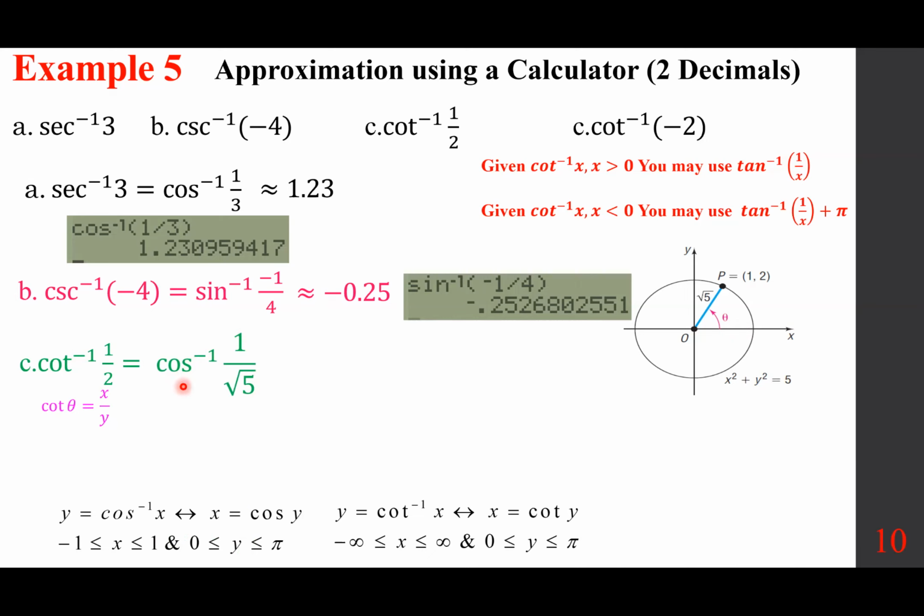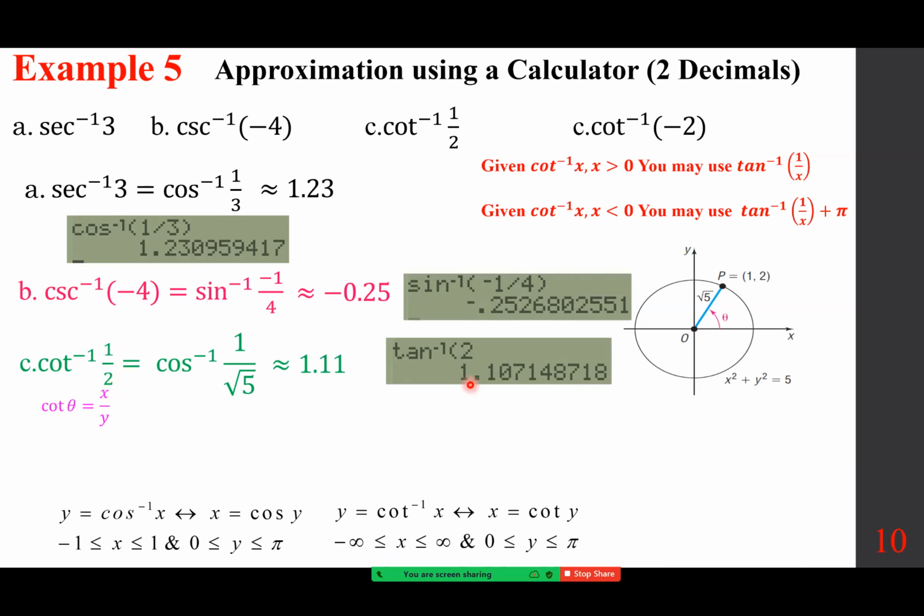So you can go to cosine and you get this answer. However, because it's positive, you can also go with tan inverse of 2. Tan inverse of 2. And we want 2 decimals, so this is the number we want.